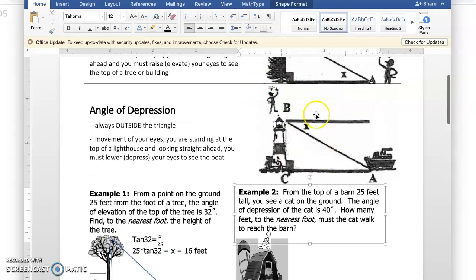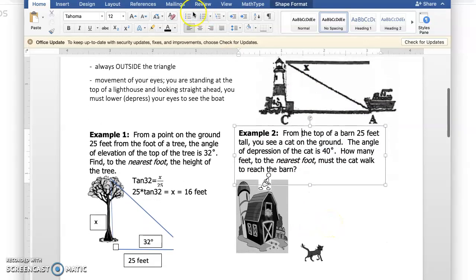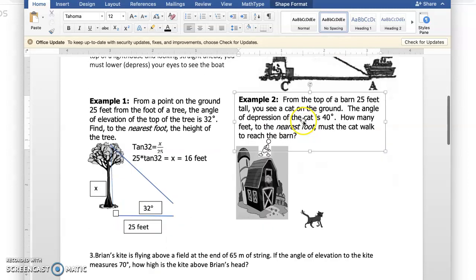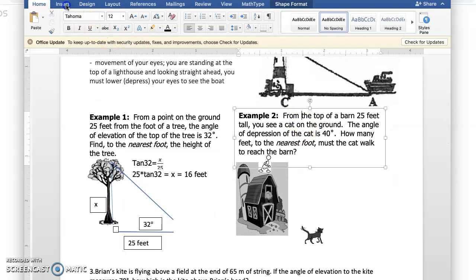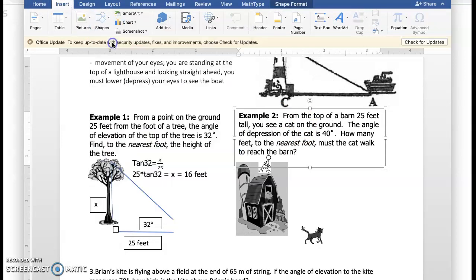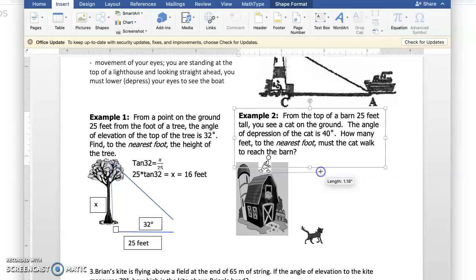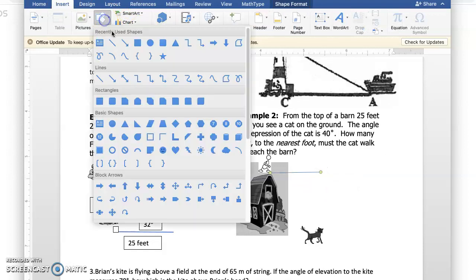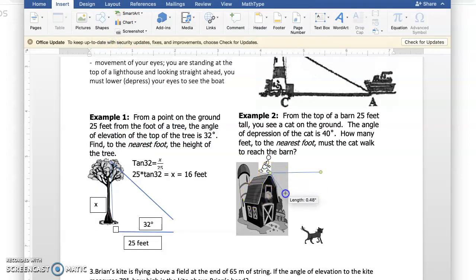So now we're using a picture that will look something like this because it says the angle of depression. The first thing I'm going to do is start to draw out this image, and then I'll fill in this side length because I want to make this top triangle complete. For the angle of depression, we're going to start here, and then have another line going downwards to where the cat is.